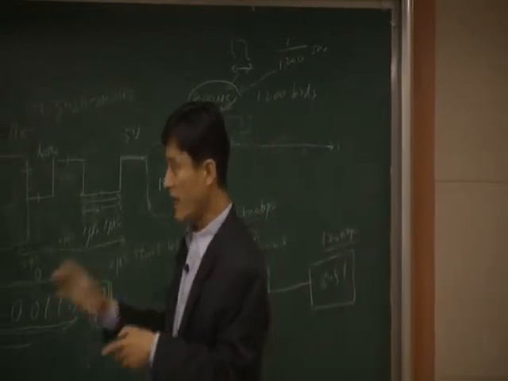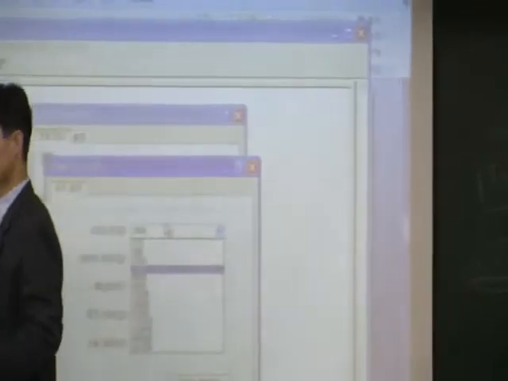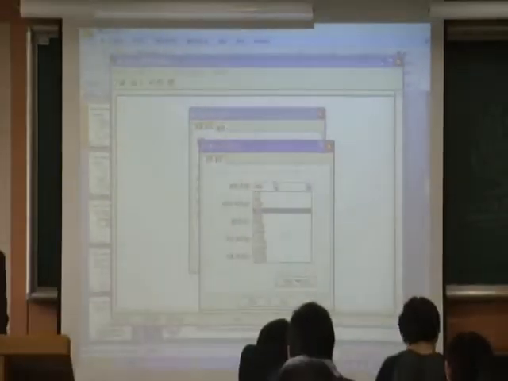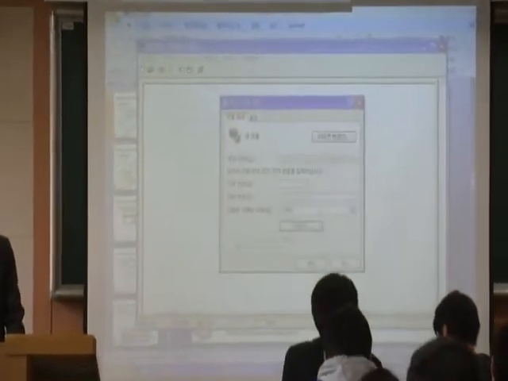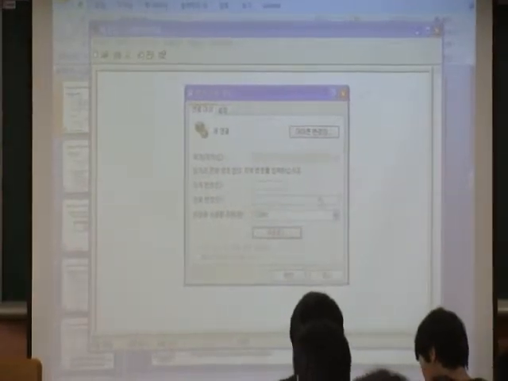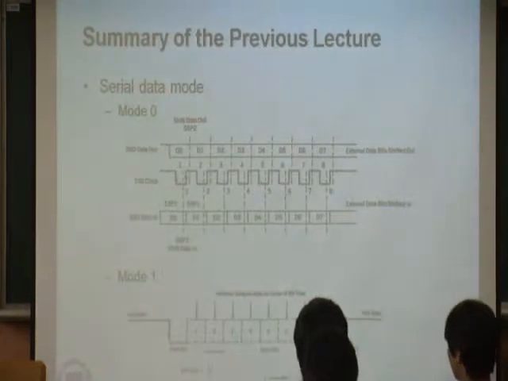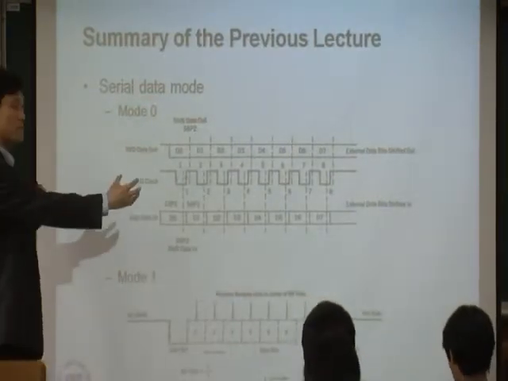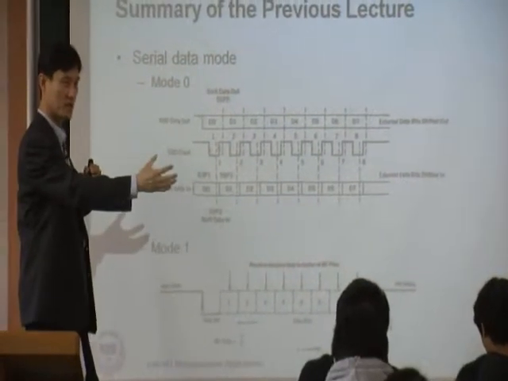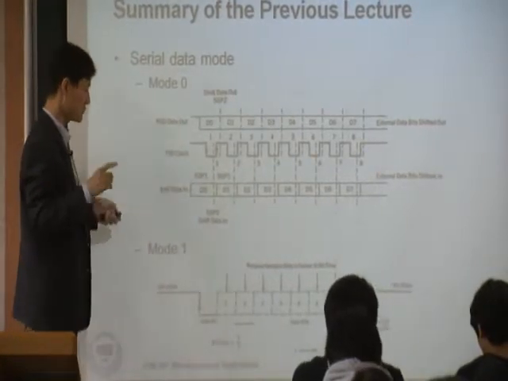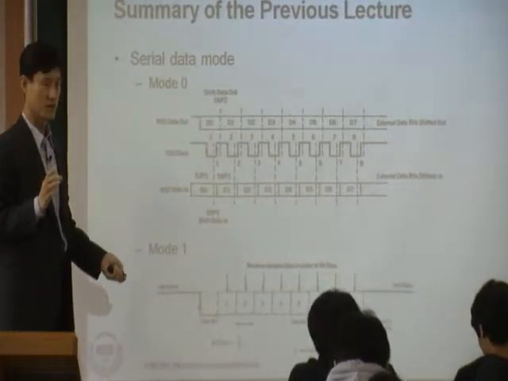So in asynchronous communication like this, what you need is to make an agreement at both transmit and receive side. What would be my baud rate? This is called the baud rate. You need to make sure that we have the same baud rate at the transmit and receive side. Not only that, you also have to have a start bit.